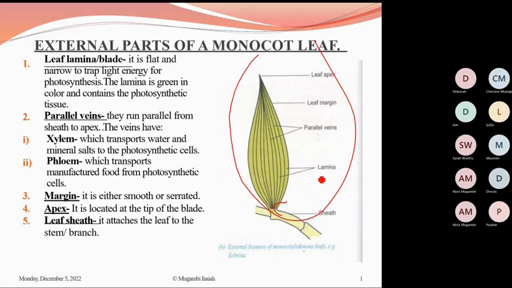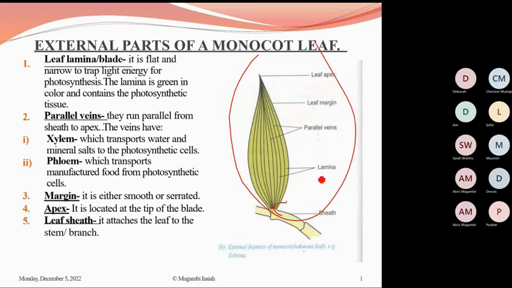But we say that the lamina, the veins, the margin, and the apex are usually one and the same thing, so that we don't get confused. So that is the external parts of a monocot leaf.